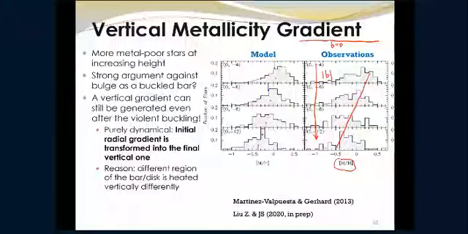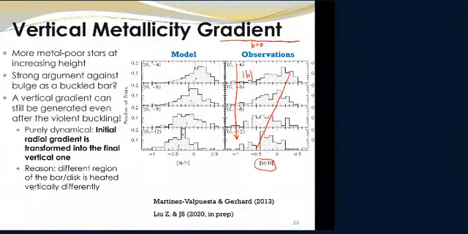Previously people used this gradient to argue against the scenario where the bulge is the result of a buckled bar. Why?